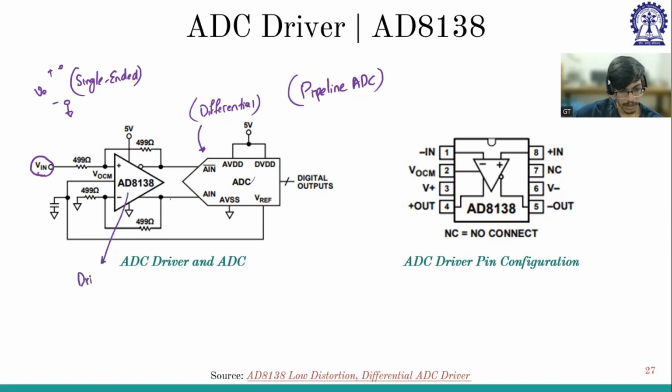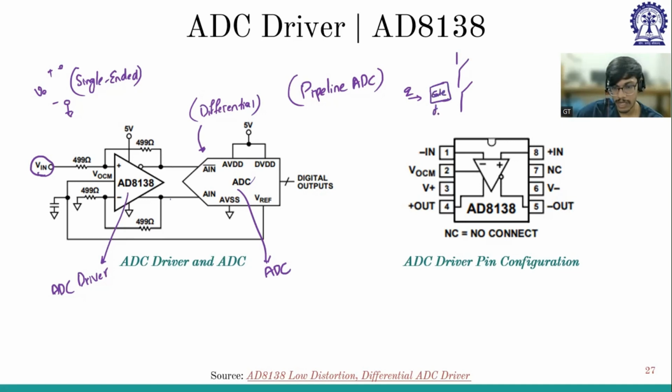Okay. Why do we need a driver, sir? See, our ADC that we have selected is differential, and whatever V0 we are sensing is single-ended. And it also needs some requirements to be driven, which the sensed voltage that we have cannot meet. For that, we need a driver, right? Like even if you see a switch, we cannot directly feed the input to the switch, because it has very low power and it might not be able to turn on the switch. For that purpose, we use a gate driver, right?